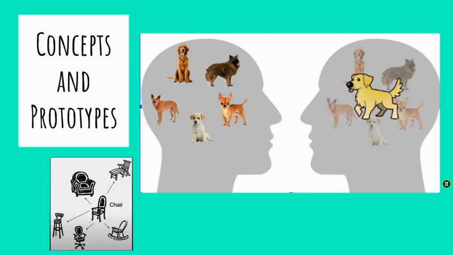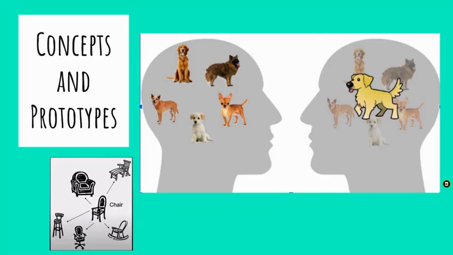So when I asked you to think of a chair, I asked you to pull out that concept you have of what a chair is and picture a chair. That first thing that you pictured is your prototype. You use that prototype to compare every other chair that you see in your world, to see whether that chair matches the prototype and fits under that concept or category of chairs.